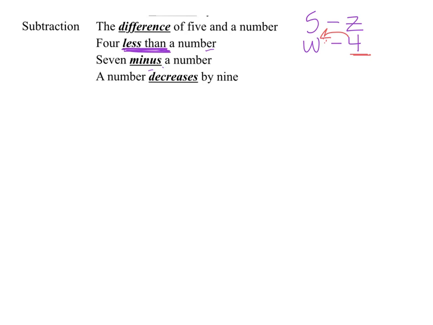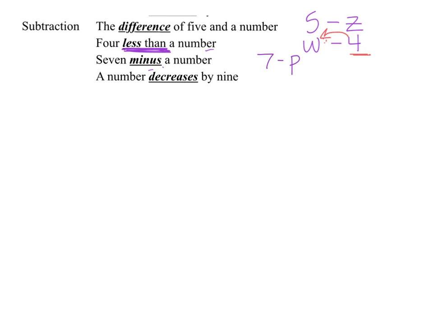Third one. 7 minus a number. That's easy, right? 7 minus P. Why not? Okay, and last one. A number decreased by 9. A number, anything, decreased by 9.